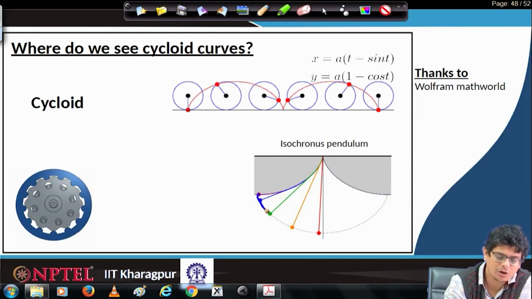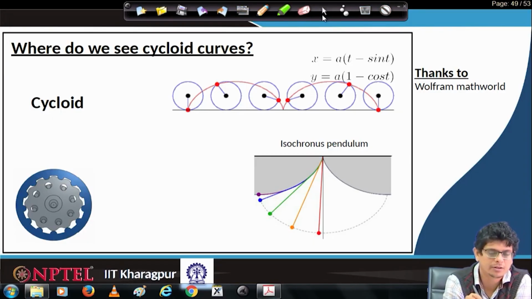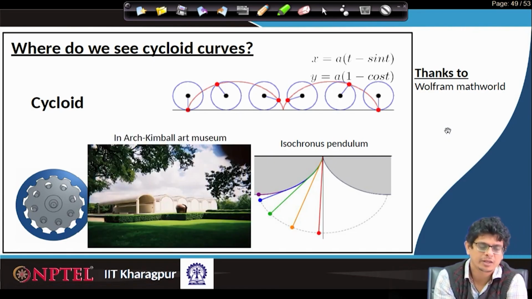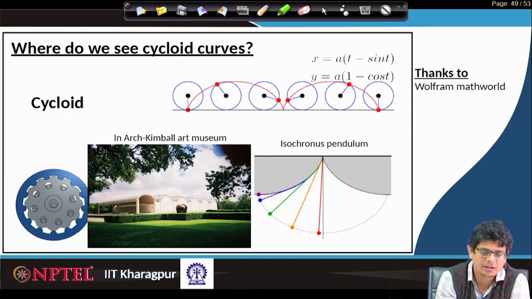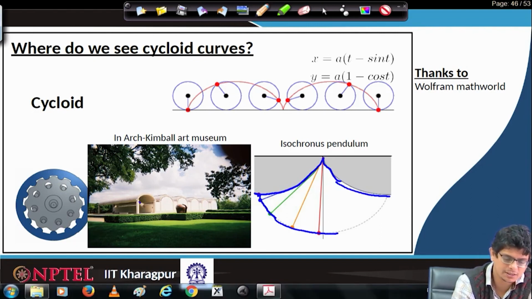Similarly, this one is also a cycloid. Similarly, if we are looking at arches from an architectural point of view, the top portions make cycloid curves.